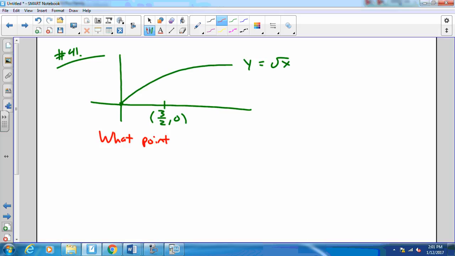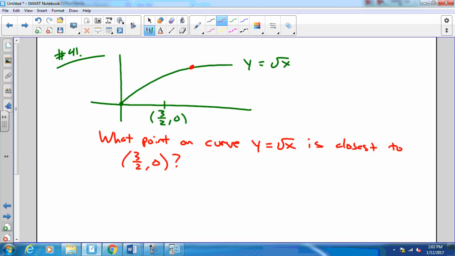The question asks us what point on the curve y equals root x is closest to the point 3/2, 0. So this is a really interesting question. We don't know where the answer is. It looks like it'd be about here, right? And we can label that point as x comma square root of x.